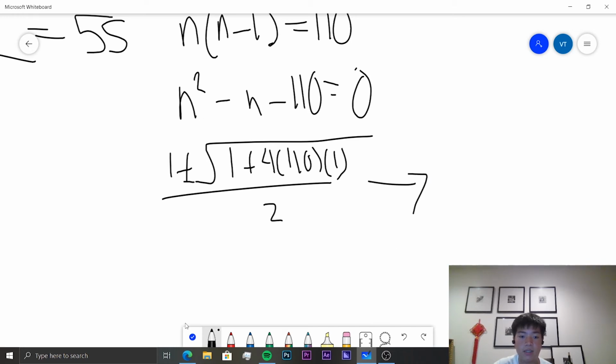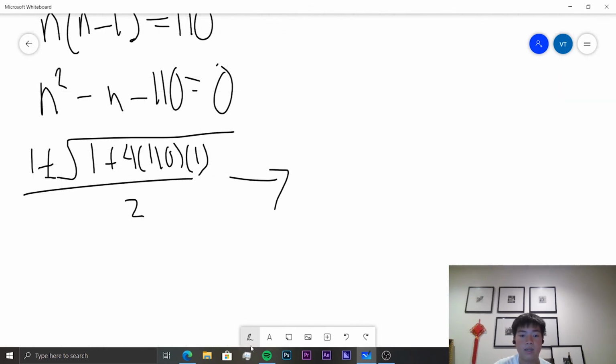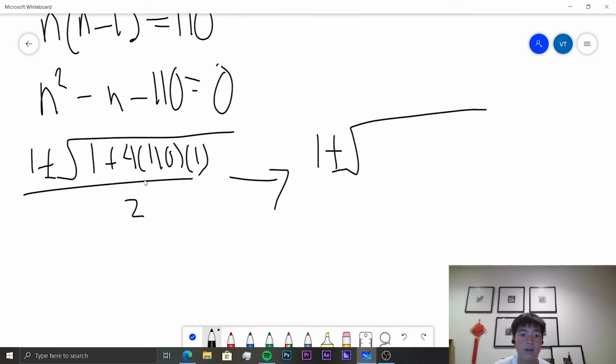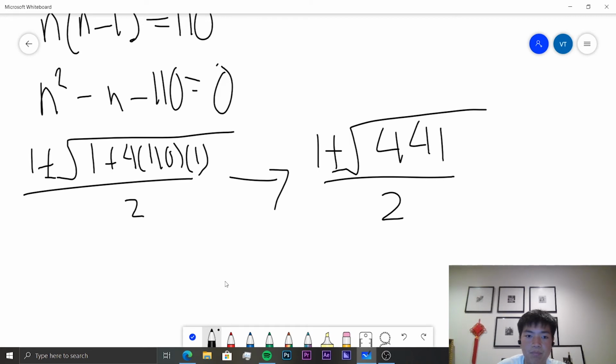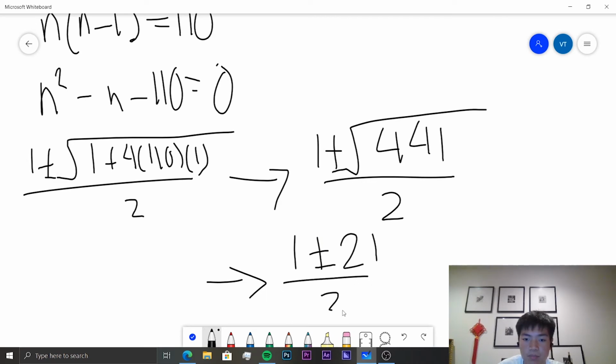And so what would this be? Well, 4 times 110 is 440, so we have 441, divided by 2. And so we should have 1 plus or minus 21 over 2.